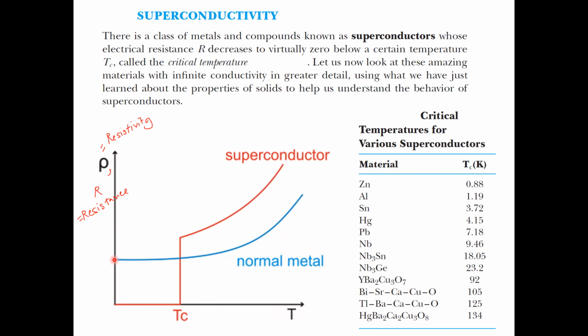And at T equal to 0 Kelvin, all normal metals still have impurity, so this gives us the rho naught.